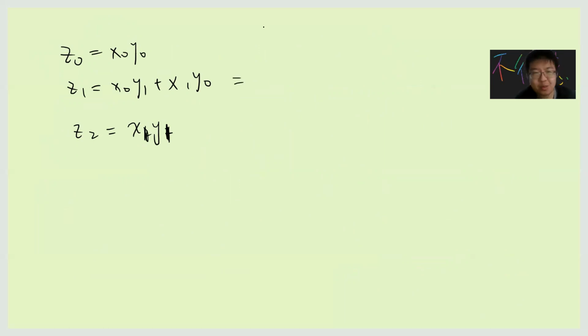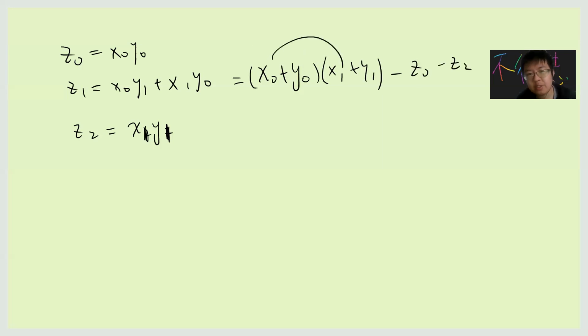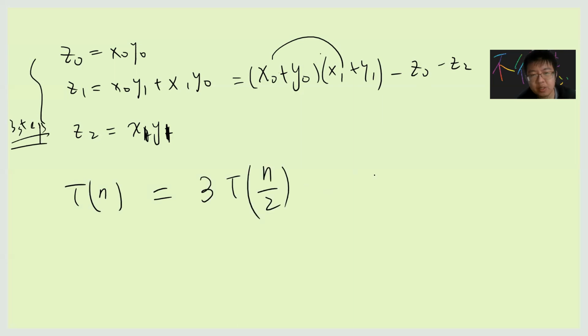If you have some feeling about mathematics, you can write z1 as (x0 plus x1)(y0 plus y1) minus z0 minus z2. So I only do one additional multiplication, and the others are already computed. So I only need 3 steps to do the calculation. So T(n) is 3T(n divided by 2) plus O(n).